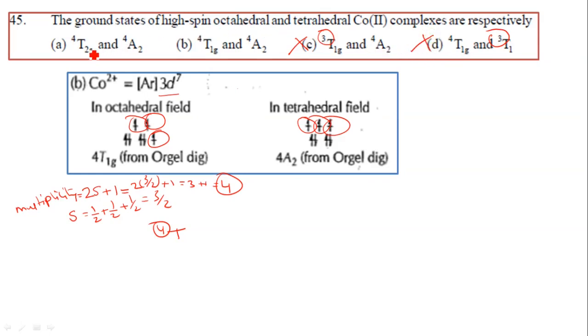So from option A and B, you see from the Orgel diagram, the lowest ground state is T1g for the octahedral complex, and for the tetrahedral it is A2. So option B is correct.